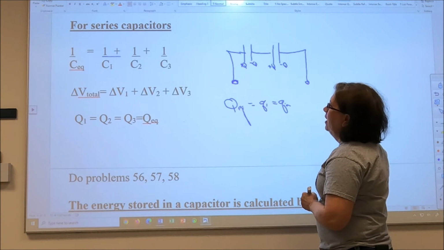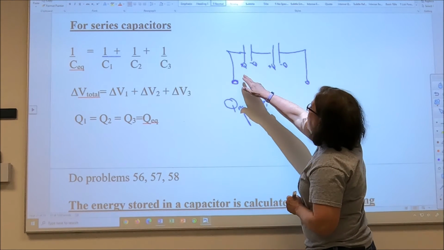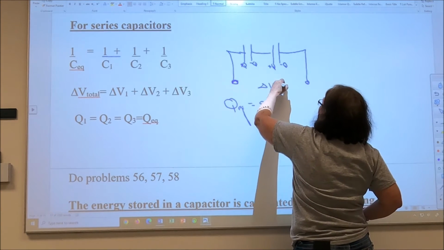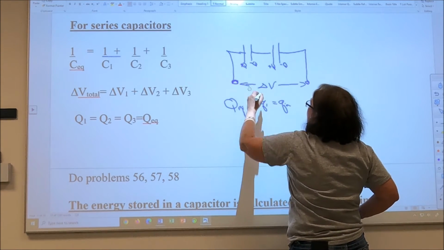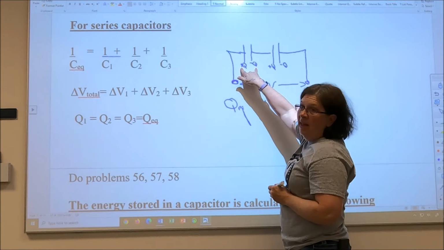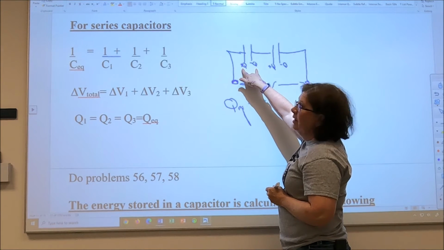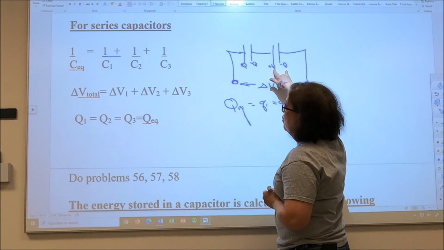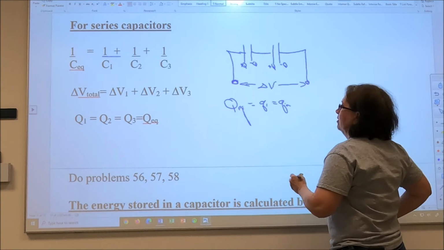Now, if you think about this, then if this is a delta V between this point and this point, then some of the electrical potential drop is across this capacitor and some of it is across this capacitor.